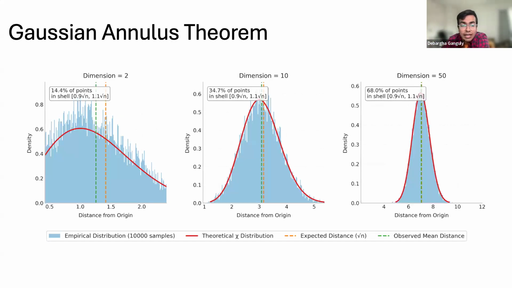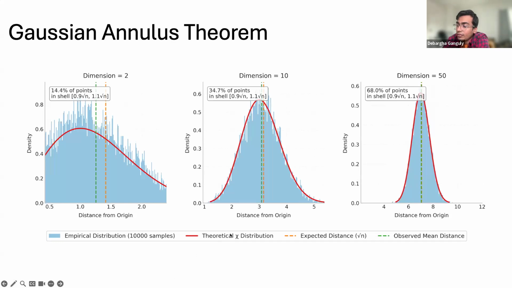To give you an idea, if you draw these points from a two-dimensional distribution, between 0.9 of root n and 1.1 of root n, in a two-dimensional setting, you have 14.4% of the points. As you increase the dimensionality, more and more points start falling within this shell.